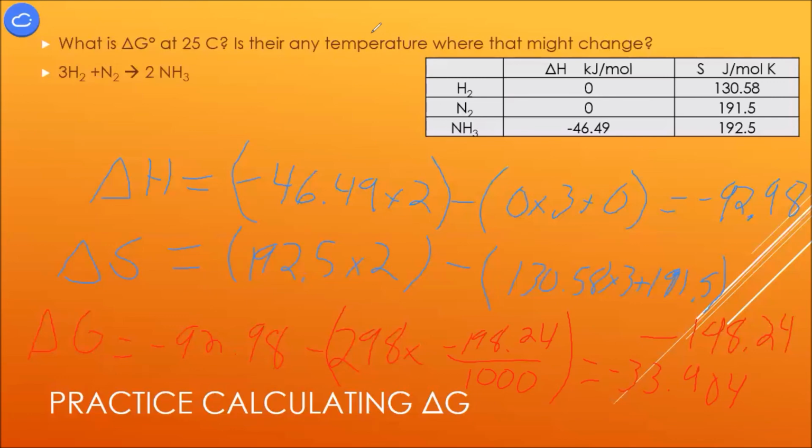Is there a point where this is non-spontaneous? That's what we're going to find. The point where this is non-spontaneous is the point where delta G equals 0.